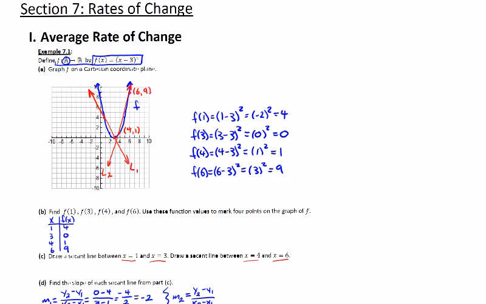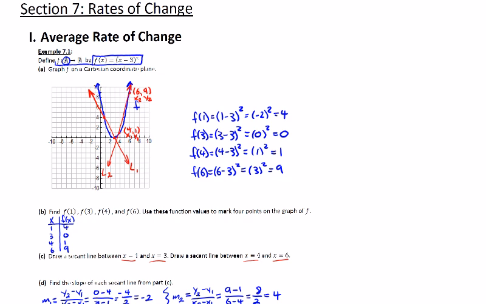I'm going to use 4 comma 1 as my x1 and y1, and 6, 9 will be my x2 and y2. So my M2 calculation will be (9 minus 1) over (6 minus 4), giving me 8 over 2, which we simplify and call 4.